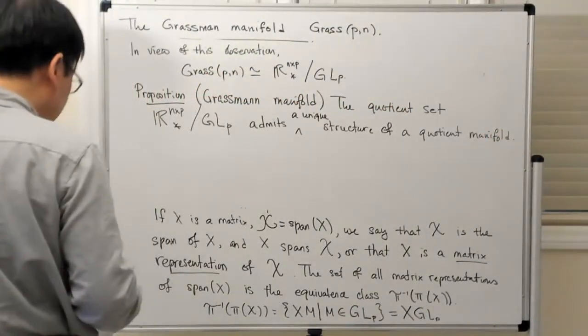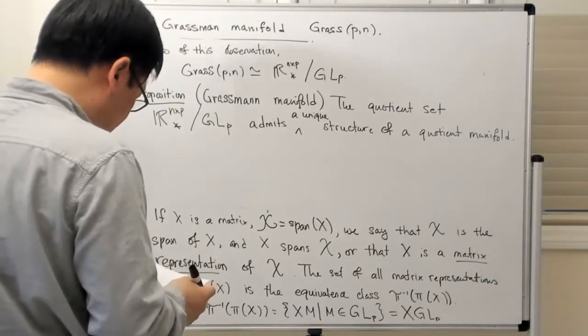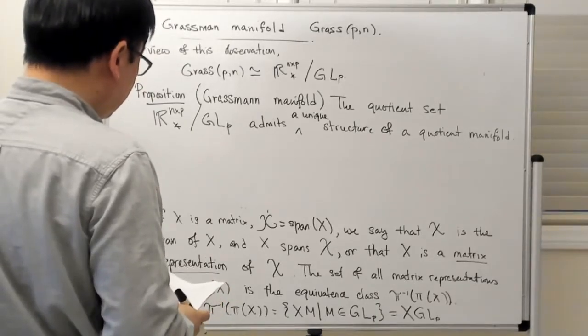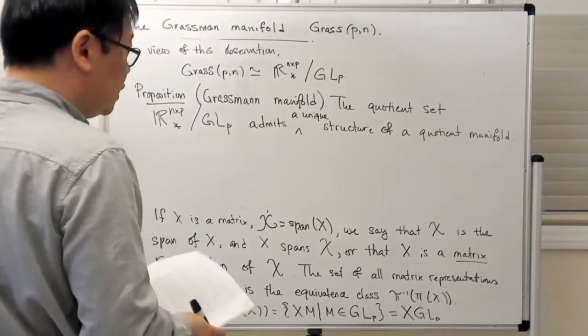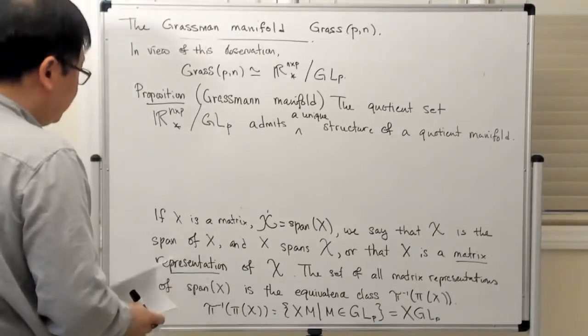Okay, and you can show this by using the previous propositions we had, having to do with properties of the graph of the equivalence relationship.